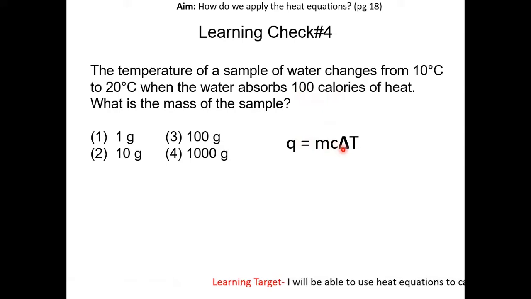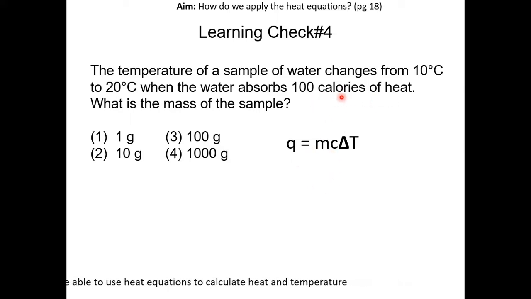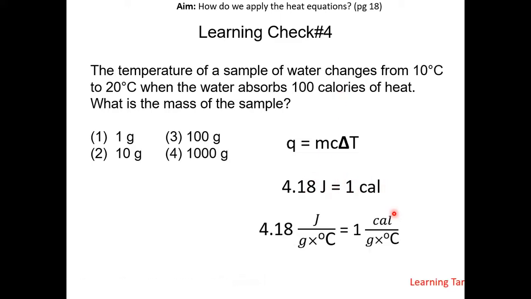Delta T is T final minus T initial, so 20 minus 10 is 10. C is the specific heat of water. If you look on table B on your reference table, it is 4.18, but since we're given calories, we need to convert joules to calories. We know 4.18 joules is 1 calorie, so the specific heat of water in terms of calories is 1. If we plug it into this equation, we get the mass as 10 grams.